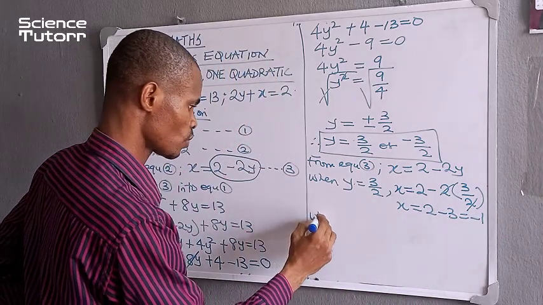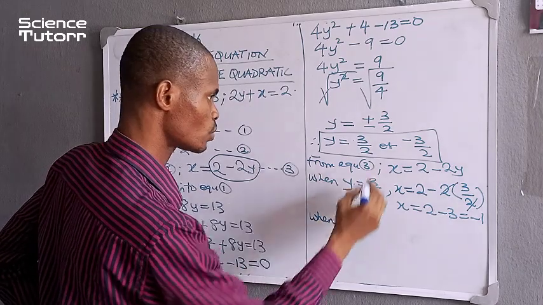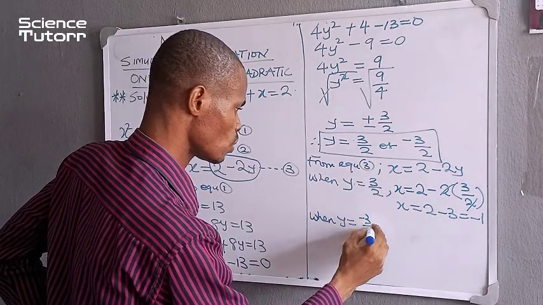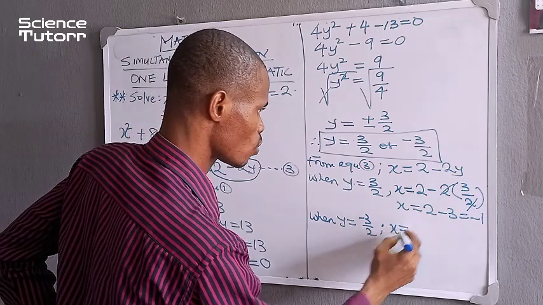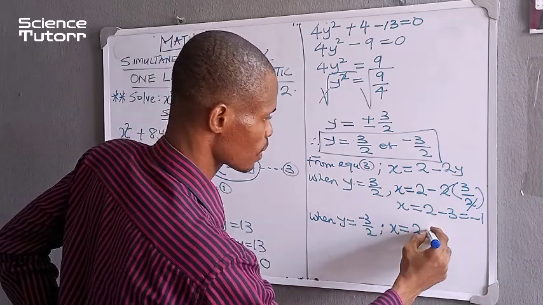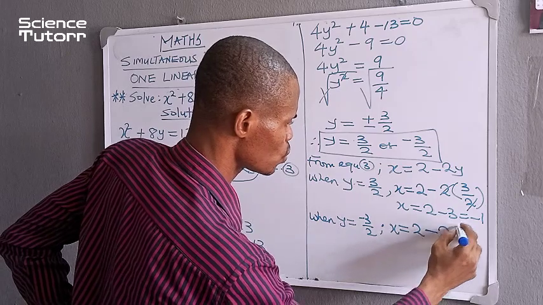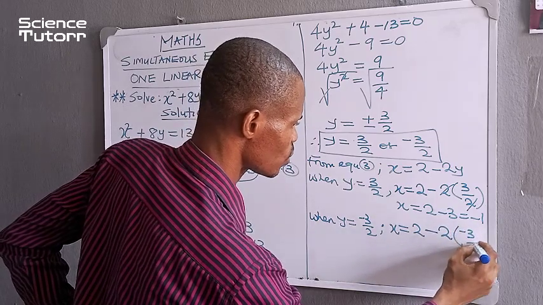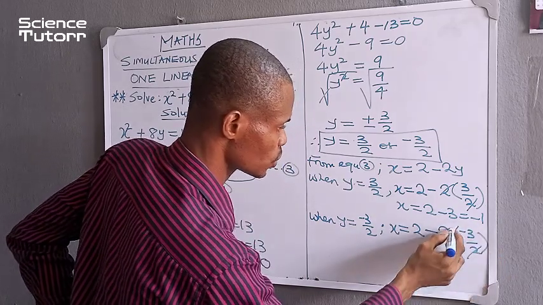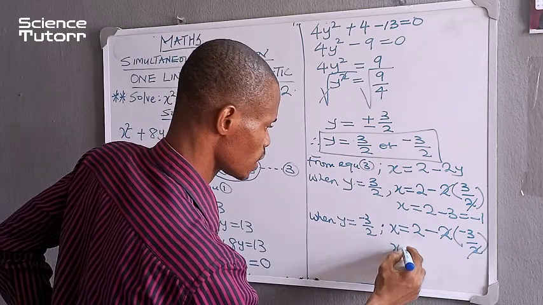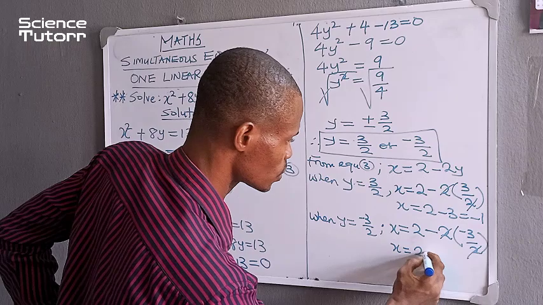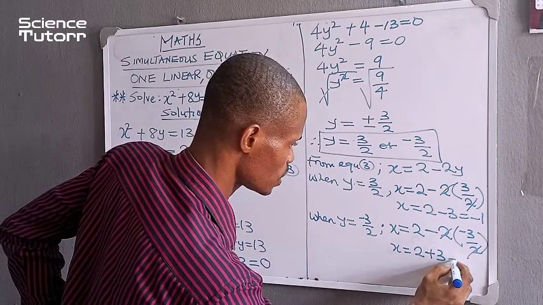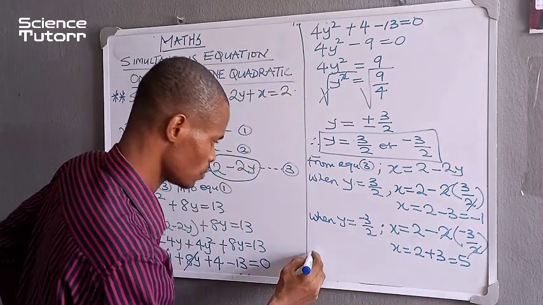Second case, when y is equal to minus 3 over 2, let's find x. x will be equal to 2 minus 2 into minus 3 over 2. So 2 cancels 2, so we are left with x equal to 2 minus times minus is a plus 3, which gives us 5.